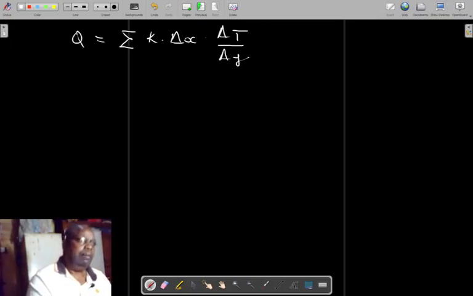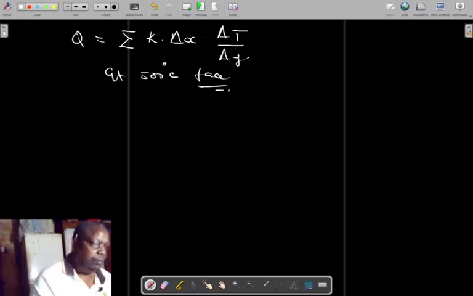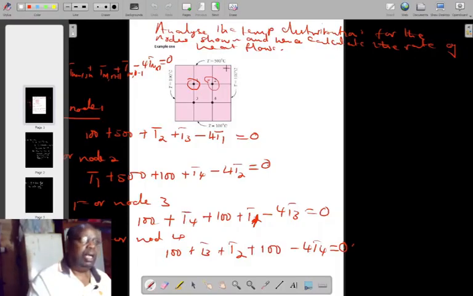So let us have a look at the 500 degrees C face. Okay, if we go back to the diagram, let's have a look at this face here, and this face is in direct communication only with node 1 and node 2, which both are at 250 degrees.